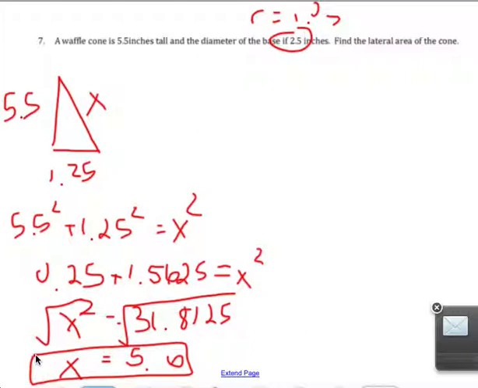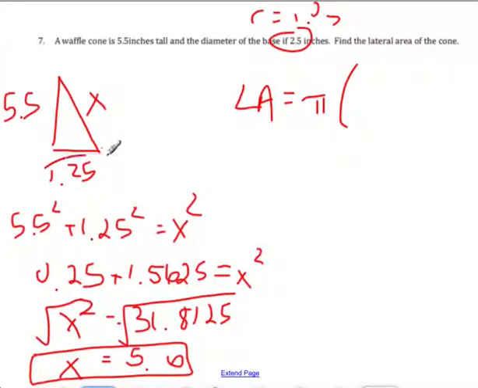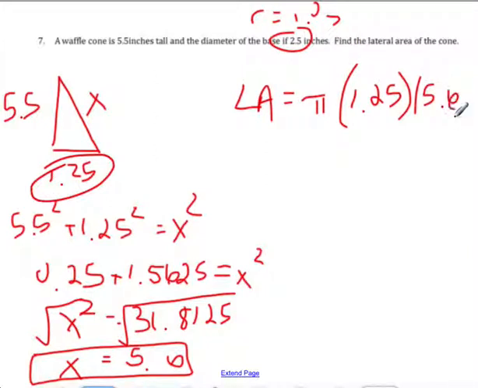So now we want to calculate the lateral area. The lateral area is going to be pi times the radius, which I got to be 1.25, times our slant height, which I got to be 5.6.